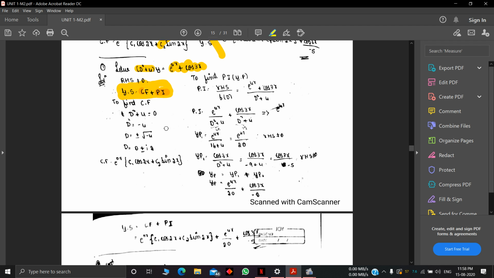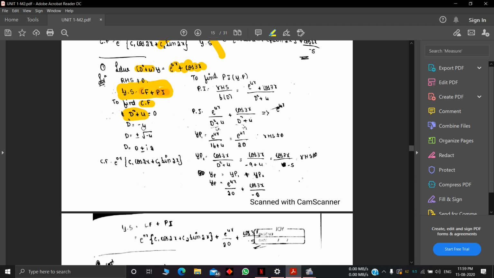So to find the CF, we are taking the LHS side, D square plus 4, and we were dealing with the auxiliary equation. Yeah, the same thing we are doing now.